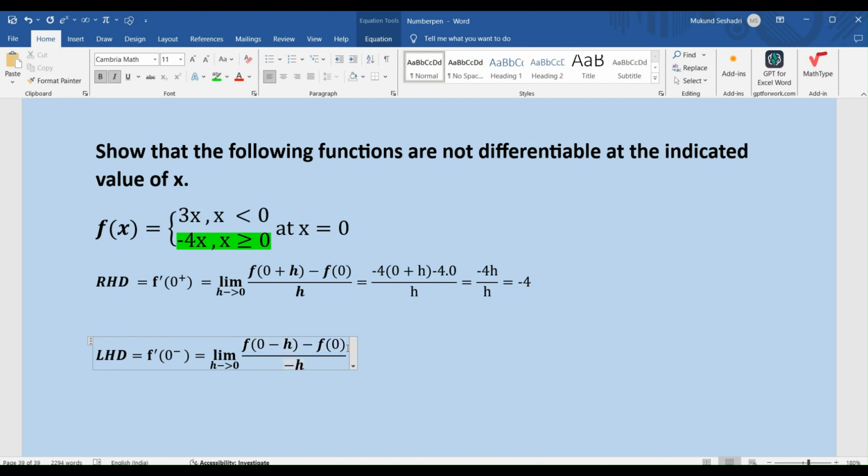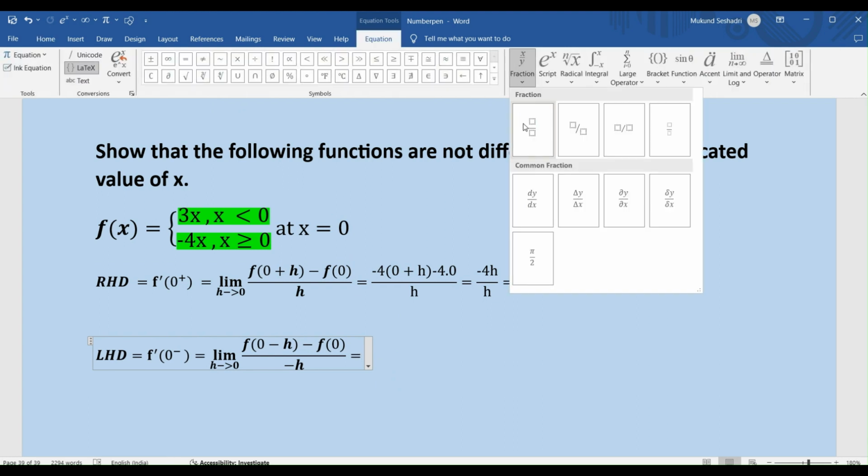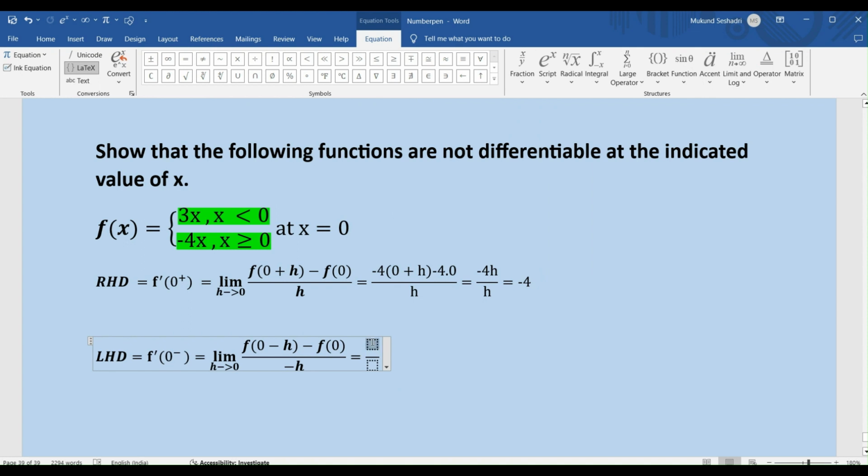further expand this, right? So what is my f of 0 minus h, right? My f of 0 minus h is f of x when x takes a value less than 0 by an infinitesimal h, right? Which means x is less than 0, so I will have to apply f of x when x is less than 0, and I get my 3x here. My f of 0 minus h is my x replaced by 0 minus h, right?